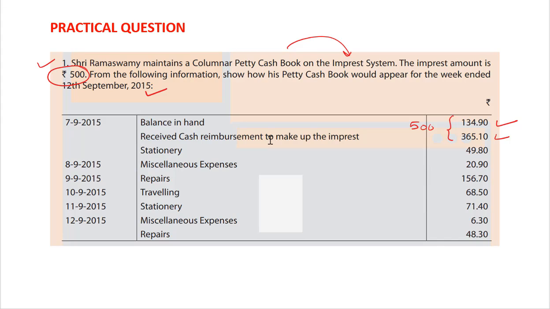Okay, I understood. So the imprest amount is 500. Total the amount should be 500. 7th September 2015, the balance was 134.90. Received cash reimbursement 365.10. So if you total both of the amounts, you will get 500. You purchased stationery for 49.80. Then on 8th September 2015, miscellaneous expenses is 20.90. On 9/9/2015, repairs expenses is 156.70. 10th of September 2015, the traveling expenses is 68. 11th of September 2015, stationery expenses is 71. 12th of September 2015, the miscellaneous expenses is 6.3 and repairs is 48.3.